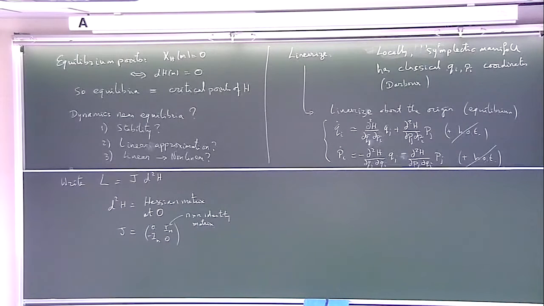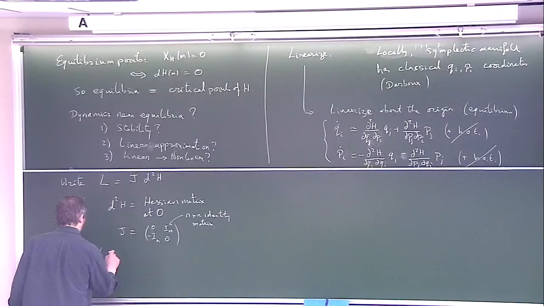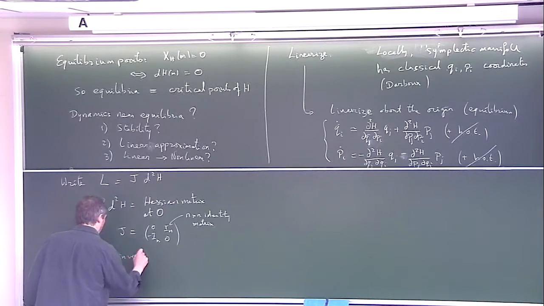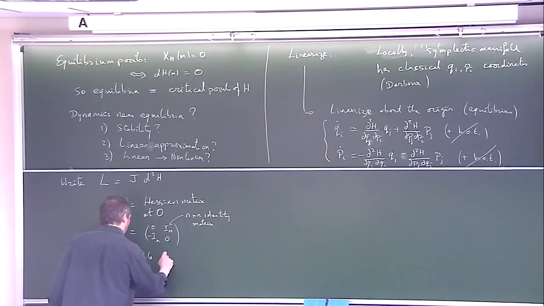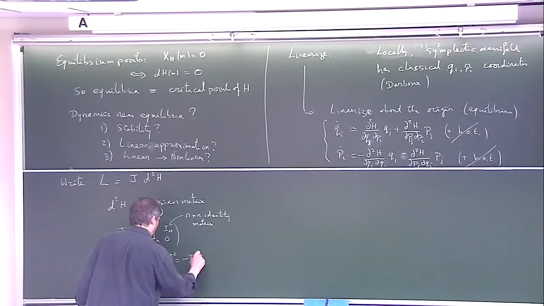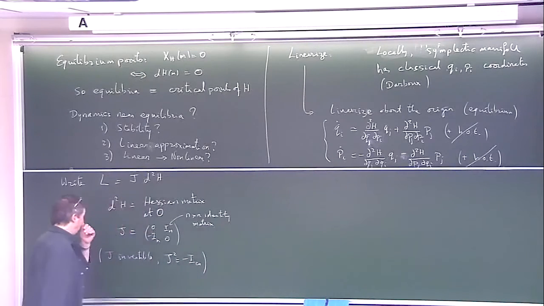Actually, it's the inverse of the symplectic structure. But J has those two important properties.